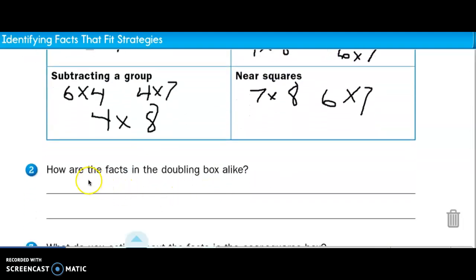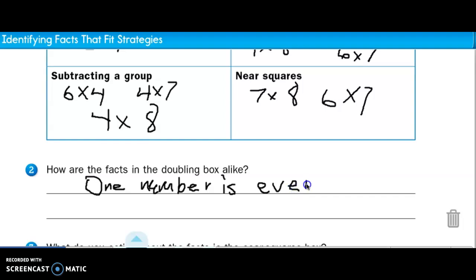So we're going to write that. One number is even. Now they don't both have to be even, but at least one number should be even if you're going to do doubling.